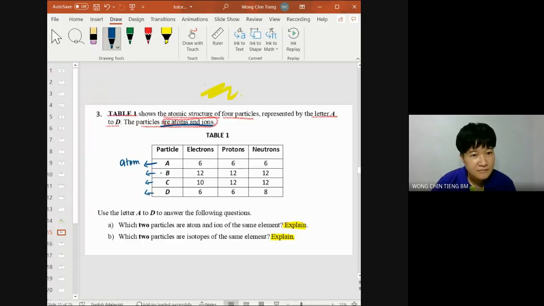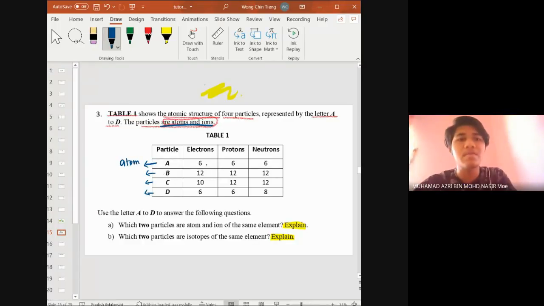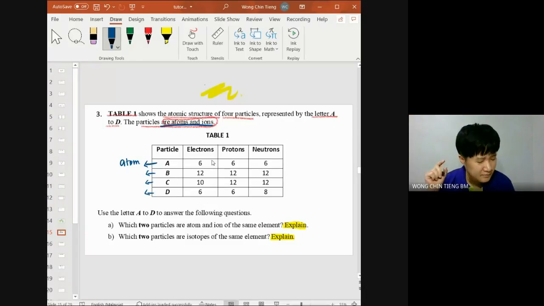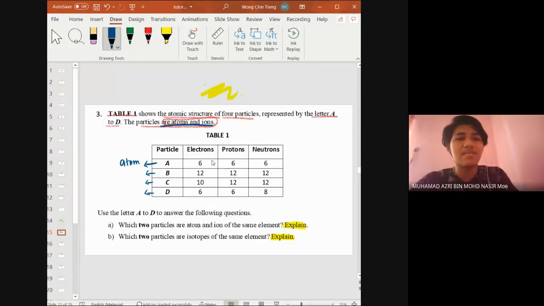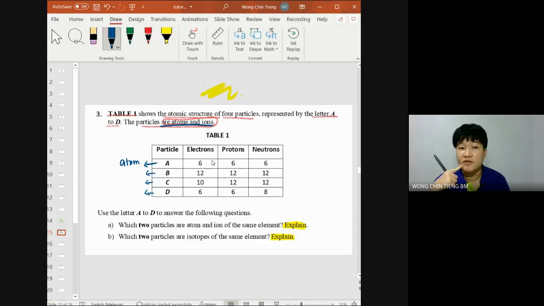Because the number of electrons is the same as the proton number. So when electron and proton are the same, they will cancel each other off, because electron carries -1, proton carries +1.